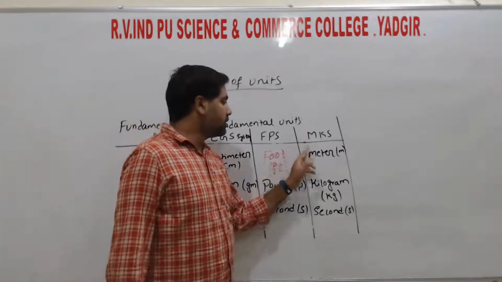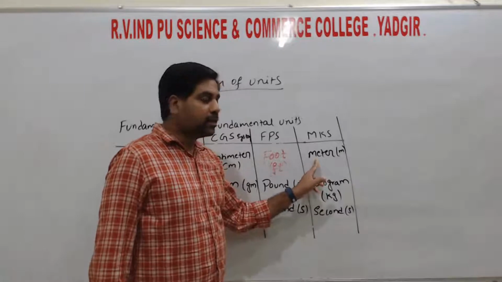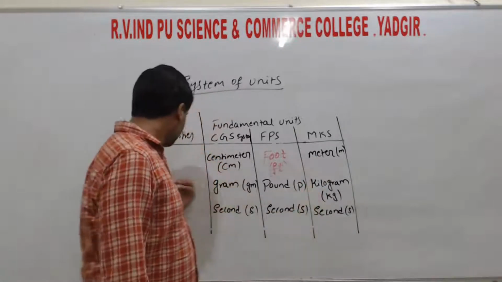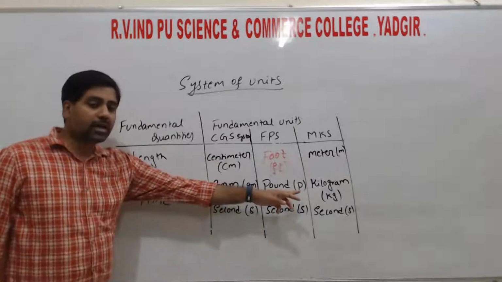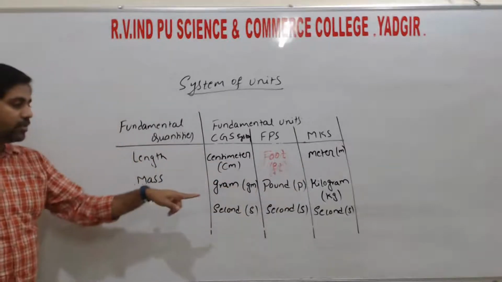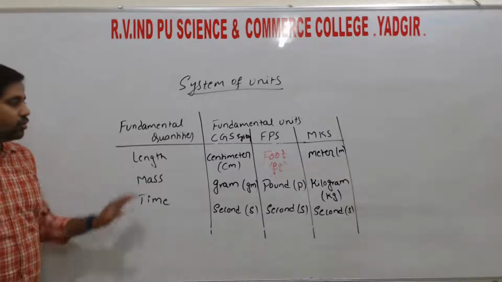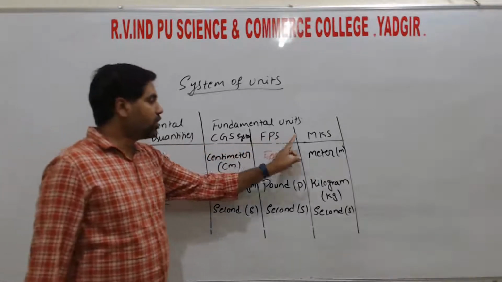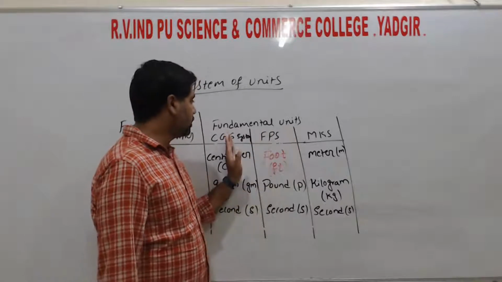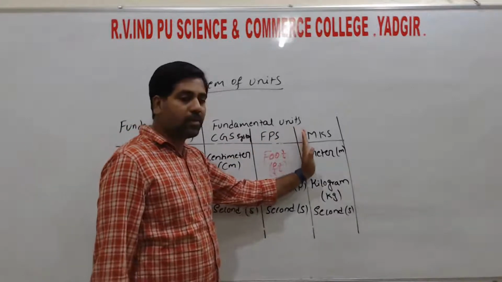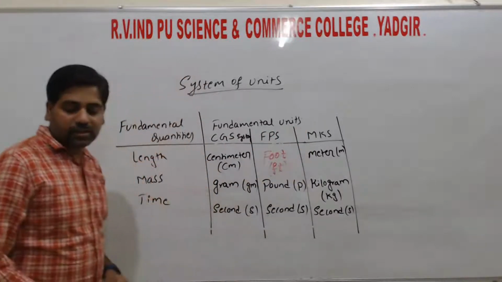Next, in the MKS system, length is measured by meter, mass by kilogram and time by seconds. So these are the three systems which we used earlier: CGS, FPS and MKS.